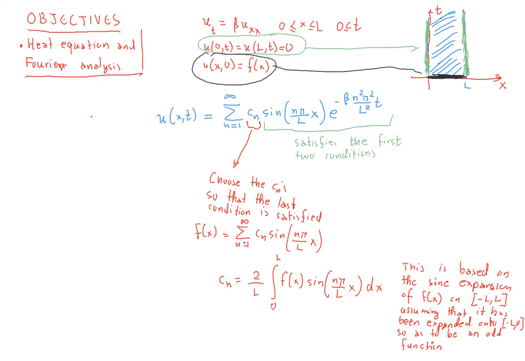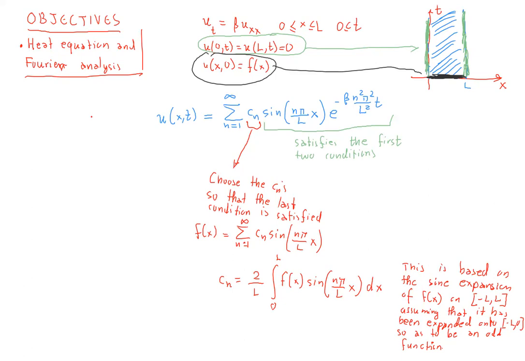So the separation of variables step always produces functions that satisfy the homogeneous conditions in this problem. And then, of course, you need to apply Fourier analysis in order to also satisfy the initial condition. Okay, that's how it works.